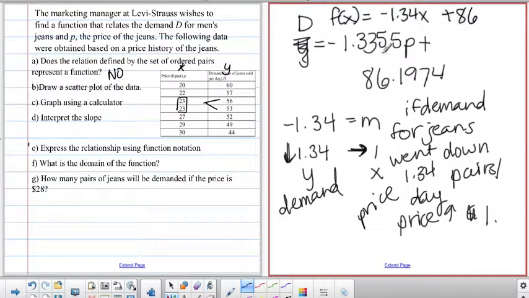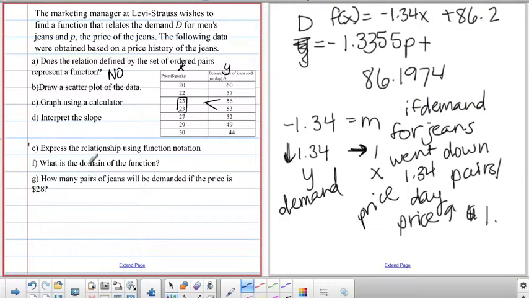That's our normal function notation that we're used to. But it's asking us to express it using the notation they gave us. So instead of f of x, we're saying d of p, the demand of p, equals negative 1.34p plus 86.2. That's just a different notation, not a big deal.